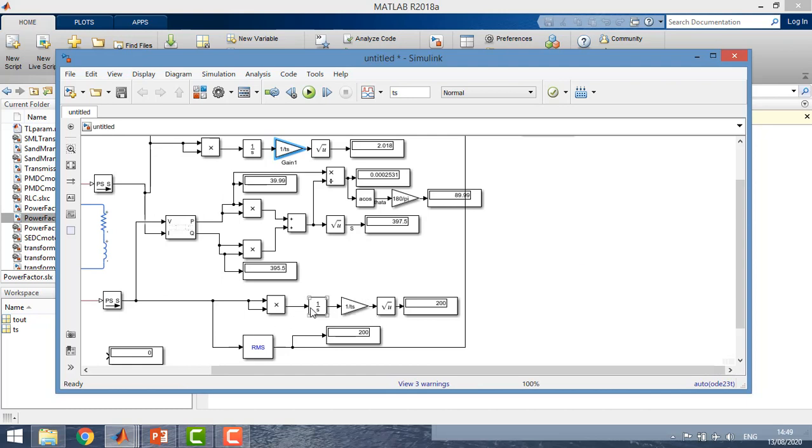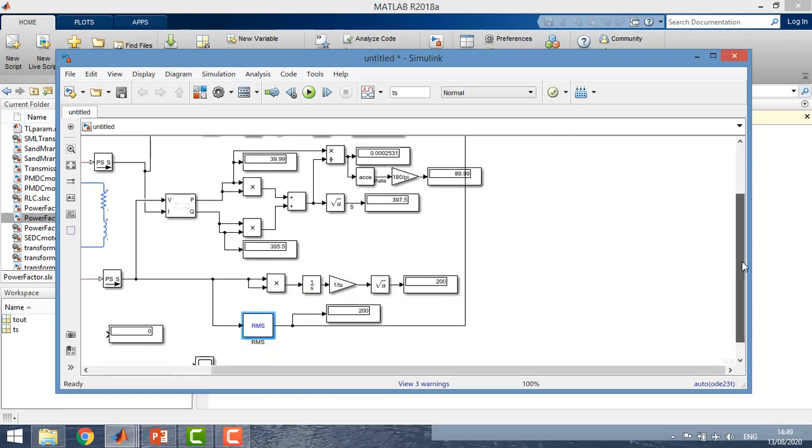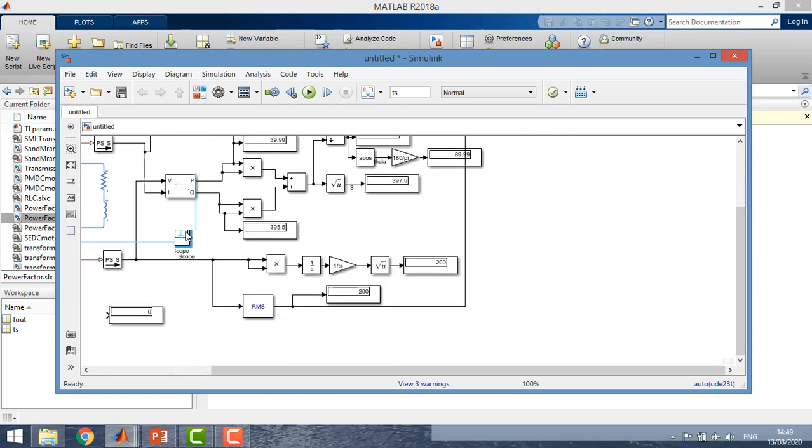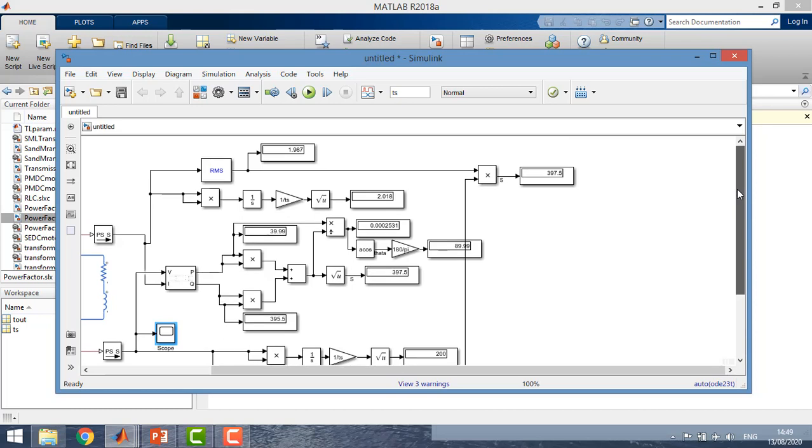So for the voltage, the obtained value is equal to the one obtained from the RMS block. For the current, however, it's slightly different. So it's a little bit inaccurate.